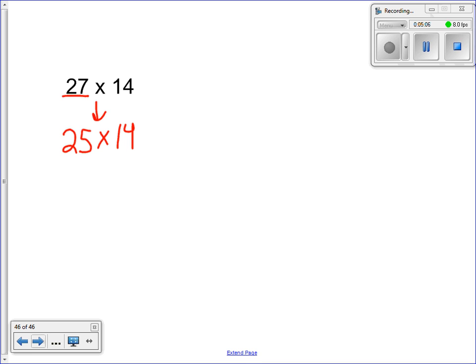Well, whenever we see 25, we need to think of money in quarters. So, if we count up our quarters, and we use 14 of them, how much money would we have?